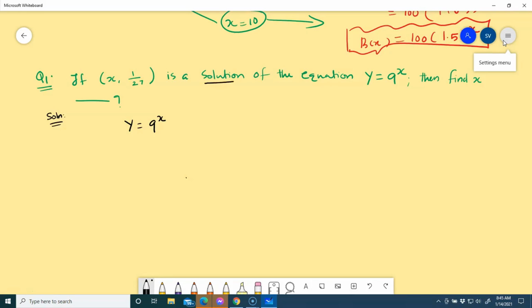If that is the solution, we need to find the value of x that satisfies the equation y is equal to 9 to the power x, that is 9 to the power x is equal to the corresponding y value given in this solution, that is 1 over 27. Just pause the video and think about how we can solve this using your previous knowledge.